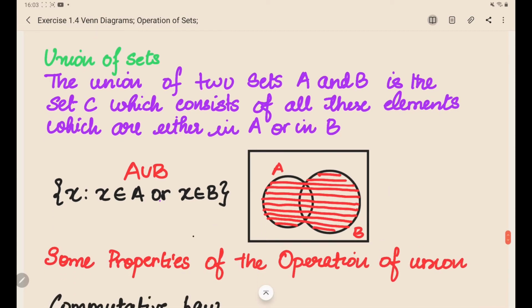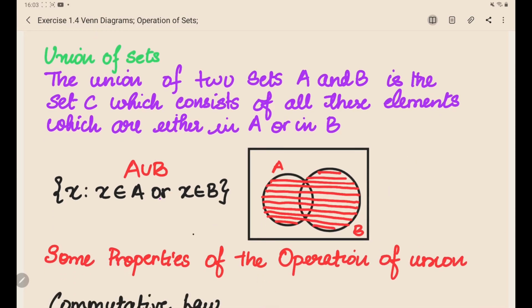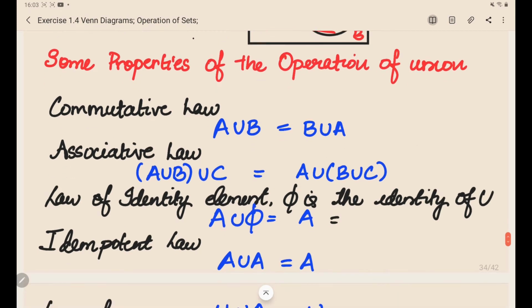Now let's understand some properties of the operation of union. Commutative law, that is A union B. If you take the union of both the subsets A and B, it is the same as taking the union of B and A. Similarly, associative law, what is that?